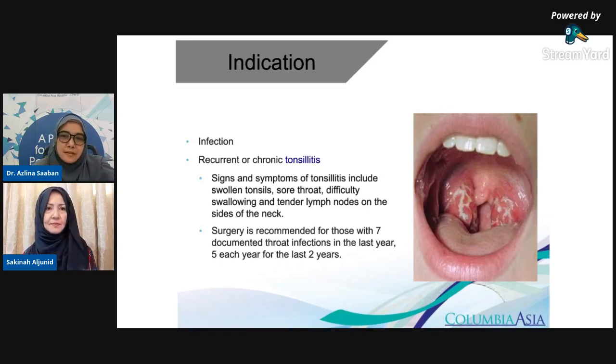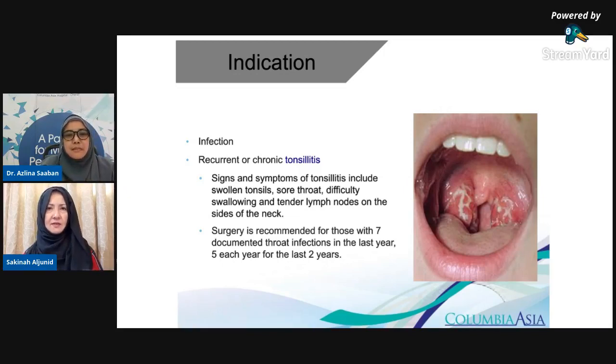Actually, tonsillitis is quite common. Even GPs frequently see patients with tonsillitis, infection of these tonsils.